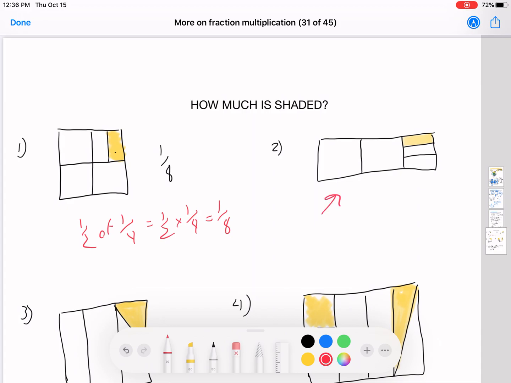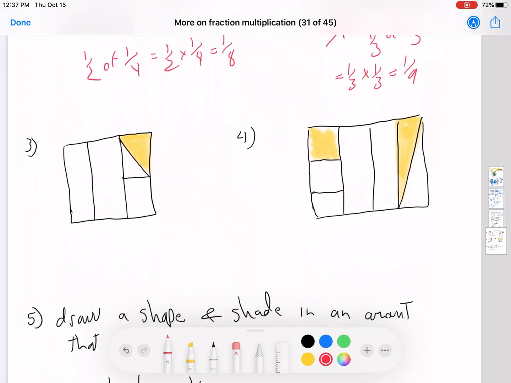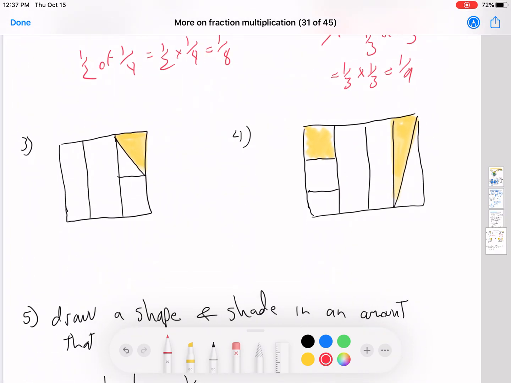Now over here, again, you could slice this thing into equal sized pieces, and we could see that it's 1 out of 9 equal pieces. But I could hopefully also see that this is 1/3 of the overall rectangle. And I have shaded in 1/3 of that piece, which means I have shaded in 1/3 of 1/3, which should equal 1/3 times 1/3, or 1/9. Now, let's see, this is a few different pieces. This big piece here looks like it is 1/3.